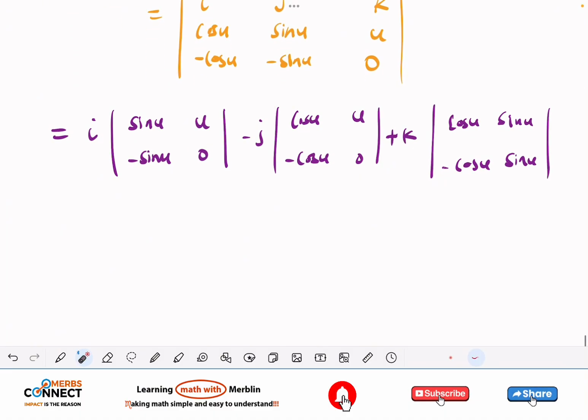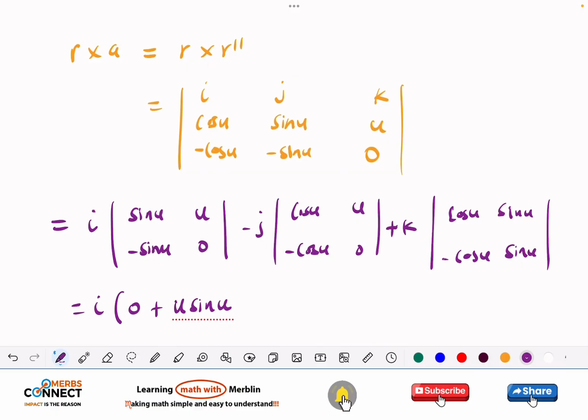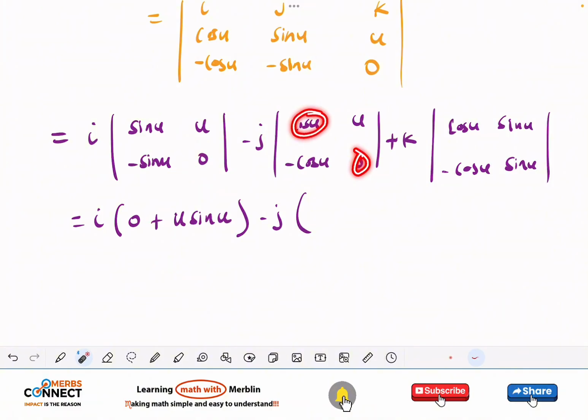So indeed, this time this is going to be 0. So we are going to have i, 0 plus u sin u. Is that right? Yes, that's true. Then we are going to have minus j. This time this will be 0, so this is going to give us 0 plus u cos u.